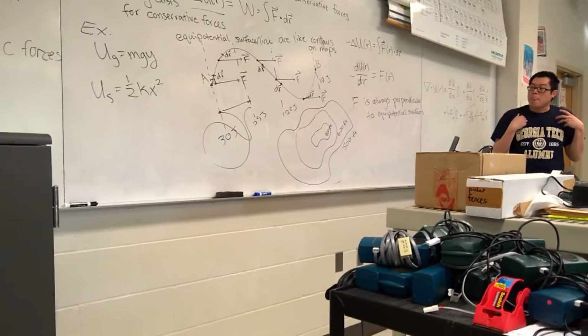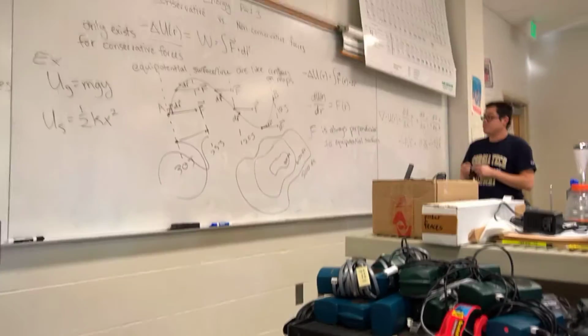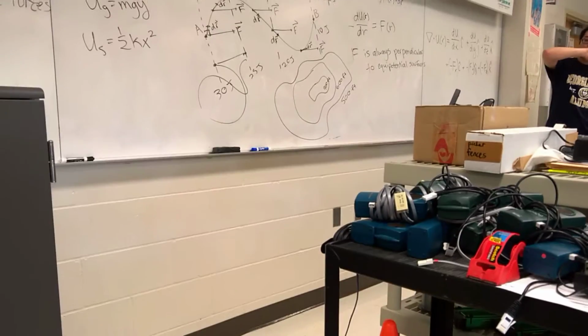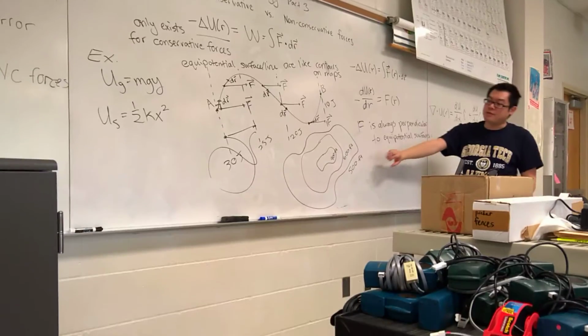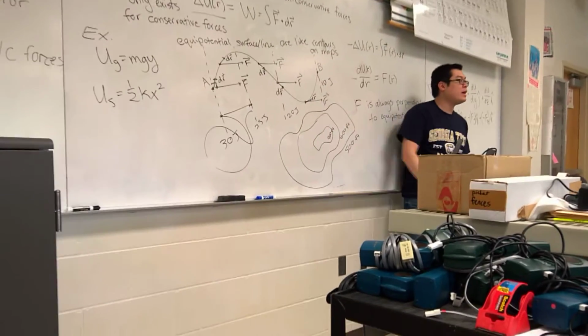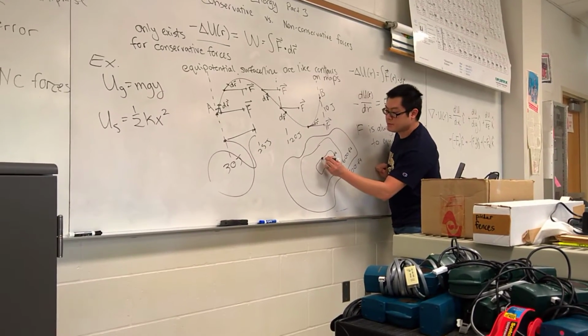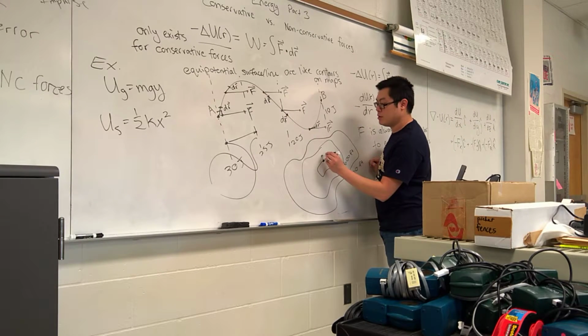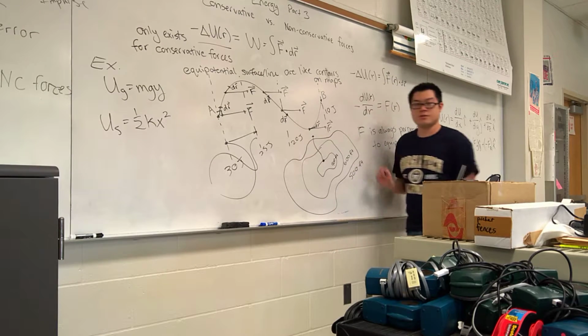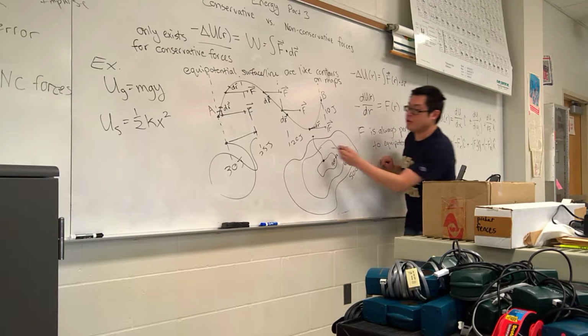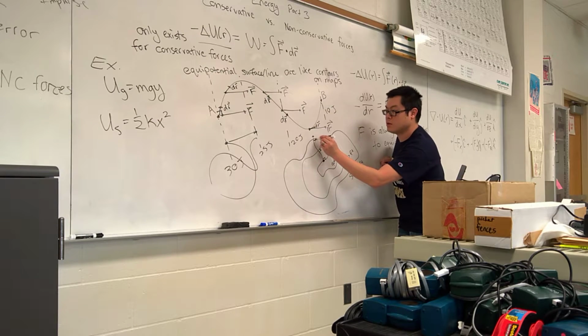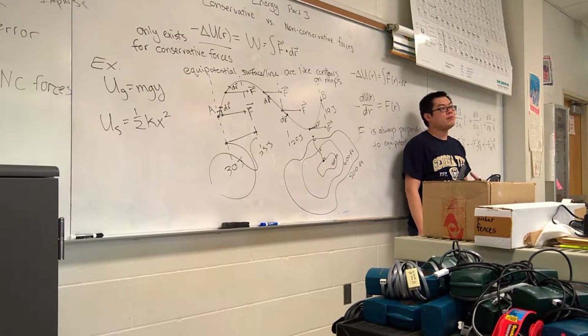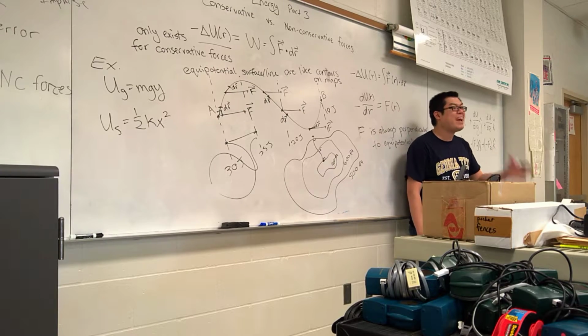Okay, so if F is always perpendicular to potential surfaces, that means that if this is a contour map of these potential lines, I put an object right here, the direction it wants to go is always going to be perpendicular to the surface, to the line. Which means that equal potential surfaces can be a really useful way of figuring out where something wants to go, without necessarily having to draw forces everywhere.